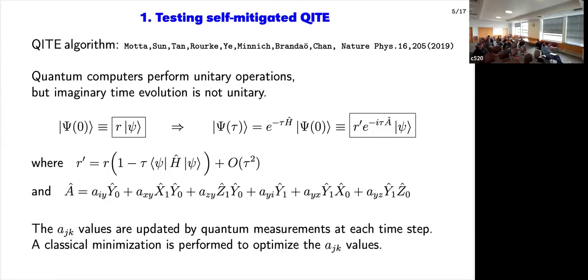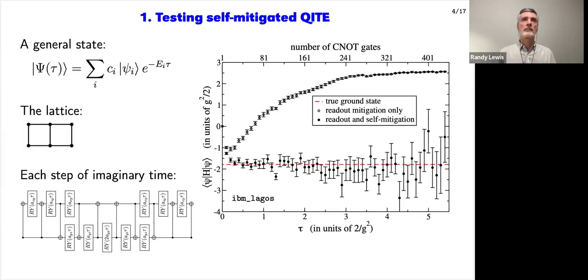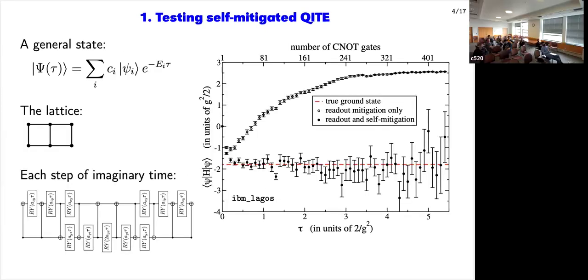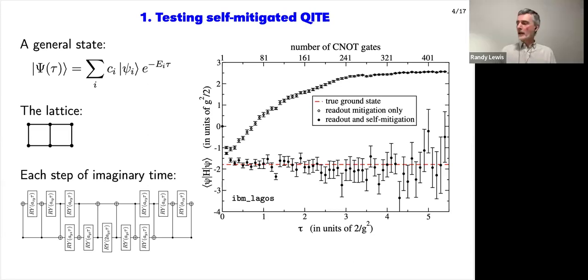Randy, can I ask you a question about the previous plot? Absolutely. So the error bars here, are they completely dominated by the statistical uncertainty, or is there some additional uncertainty in the error bars? Good.